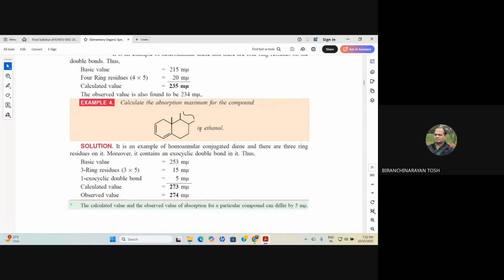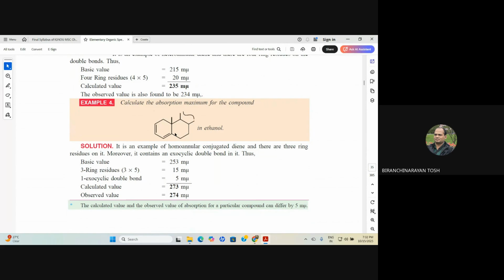This is a homoannular conjugated diene, and how many ring residues are there? 3 ring residues. Moreover, it contains an exocyclic double bond, because this is a cyclic system, and this is the double bond. So exocyclic, everything we have to consider. This is the first one, a homoannular conjugated diene.